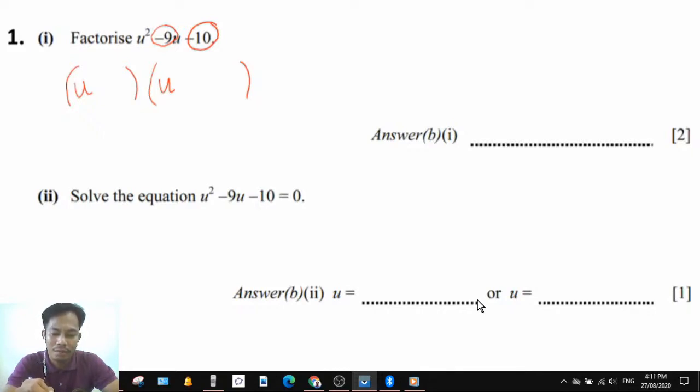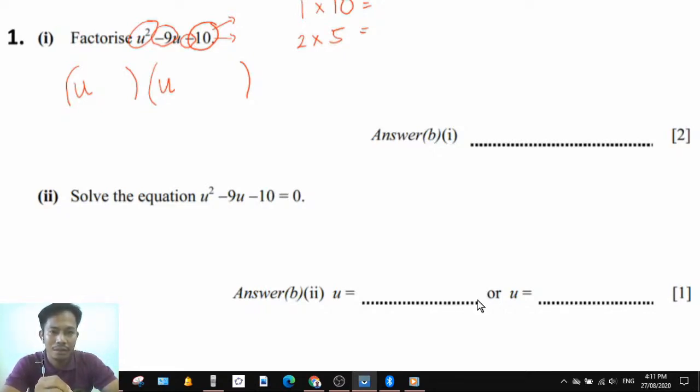But see, you have 1 times 10 is 10, correct? 2 times 5 is also 10. But you will notice that it is a negative sign over there. It is a negative 10. So one of those numbers should be a negative and one of those numbers should be a positive. And when you add those two numbers, it should be negative 9.